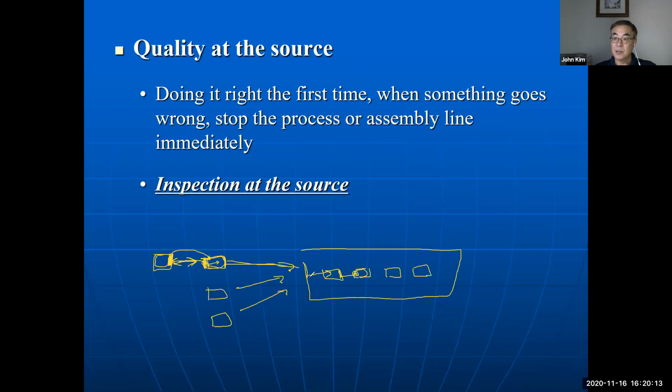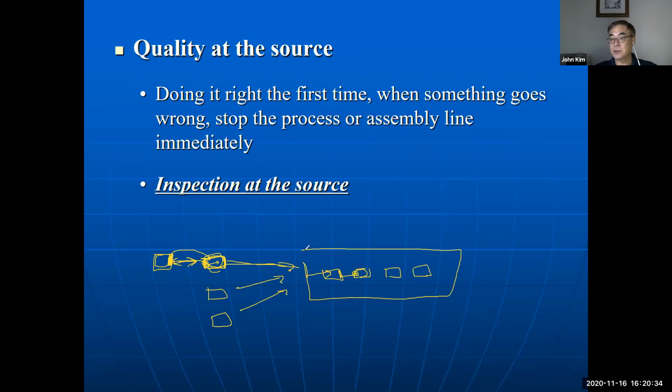To do that, evaluate suppliers periodically using certain criteria. Last time we talked about Six Sigma, quality control, 1 out of a million, and so on.